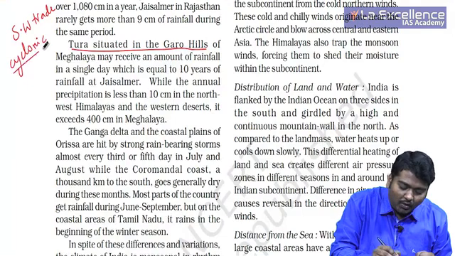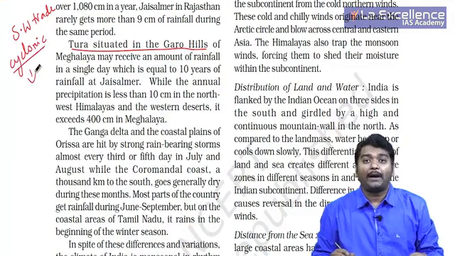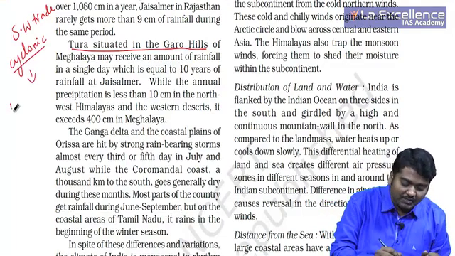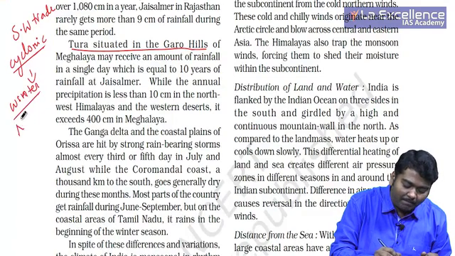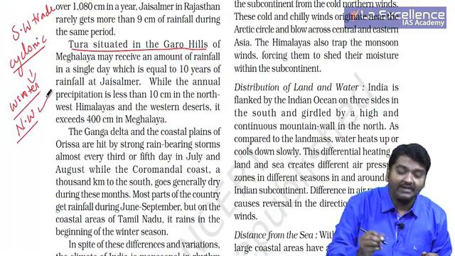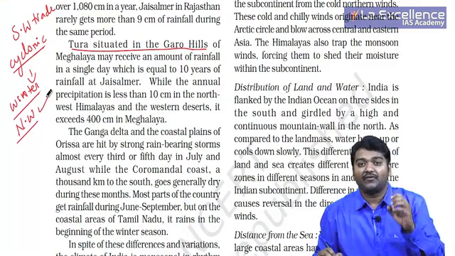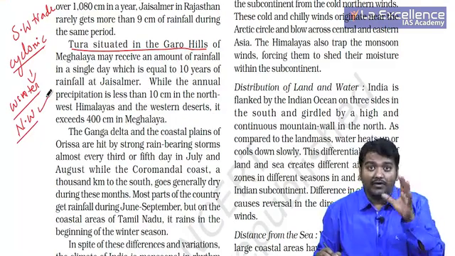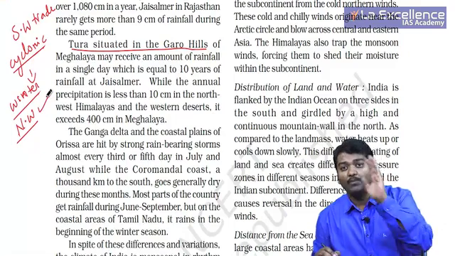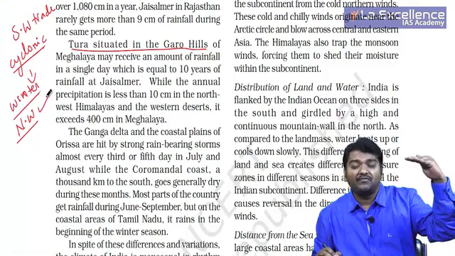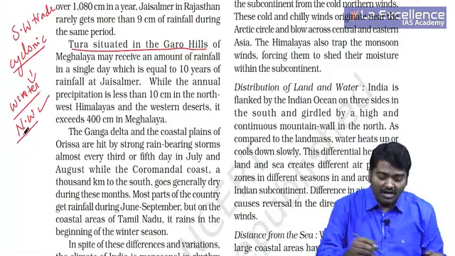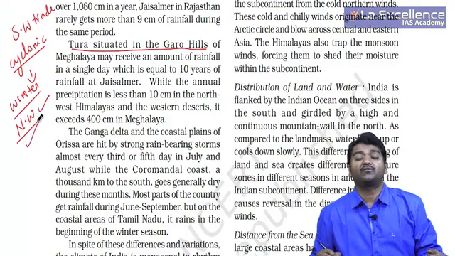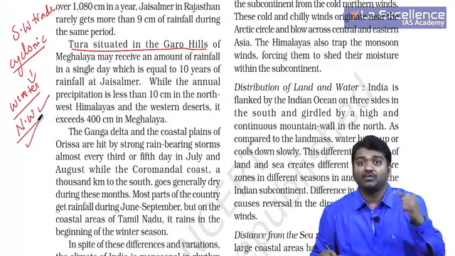I have already told you that when we talk about cyclonic disturbances, especially in winter in the northwestern part of India, we receive rainfall because of the westerly winds that blow, or the jet stream which blows over this region gives you rainfall. This is what we need to study.